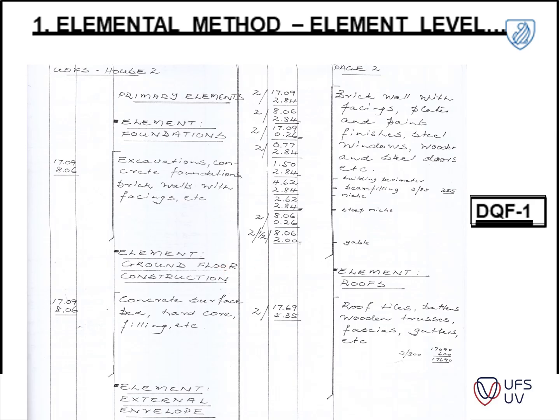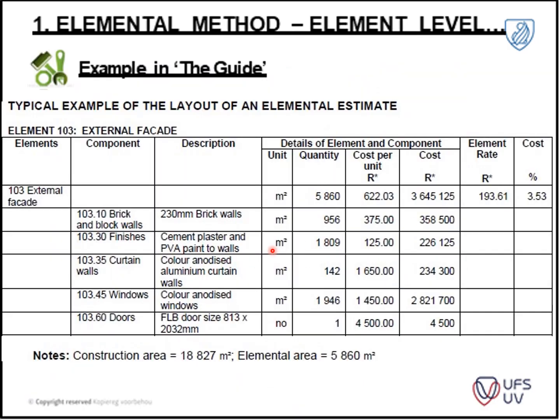measure your quantities on. So, for instance, if we look at a typical example of layout of an elemental estimate, you will have your element on this side, your component, and then your description. So just be mindful that this example goes up to component level, and this first elemental method that we're looking at for the single price detailed methods only goes up to your elemental method.